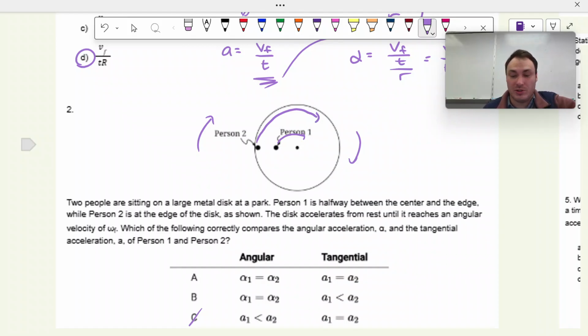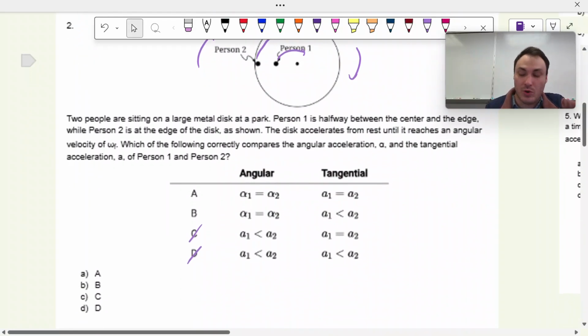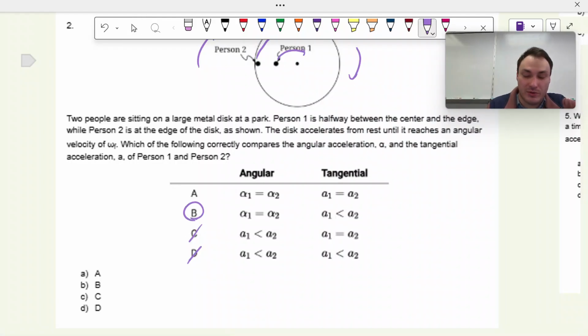Person 2 has to cover more ground linearly to match person 1 so that their rotational accelerations are the same. So person 1 has a less than linear acceleration since person 2 is further out. So the answer is B.